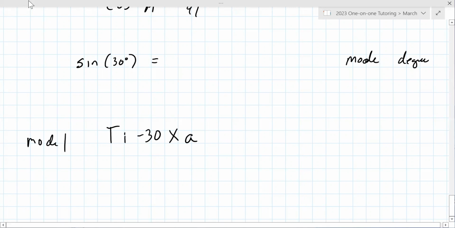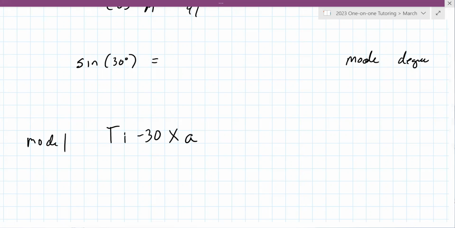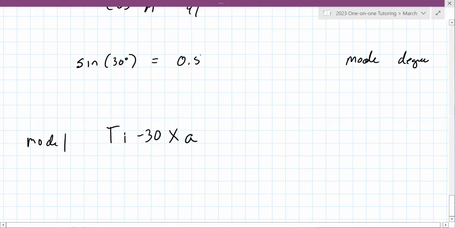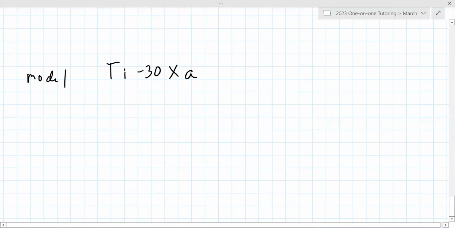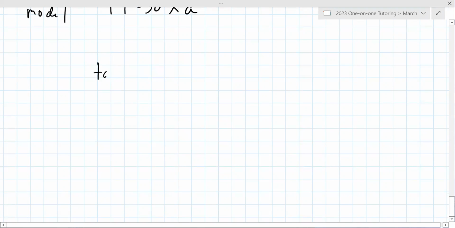All right, so let me do a quick Google search. I know I have got 0.5 on my calculator. Okay, so you do know how to convert it to degrees. That is correct. Now, just to confirm that, what is the tangent of 135 degrees?